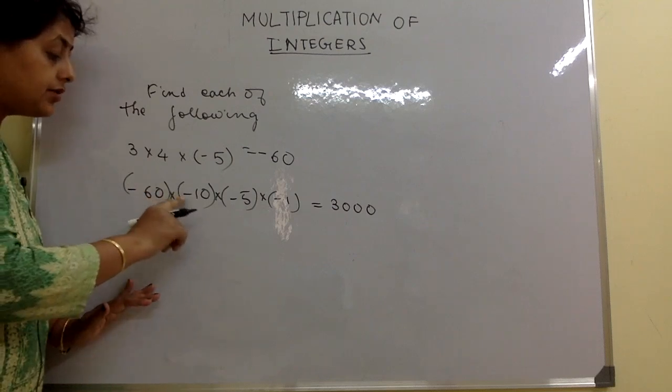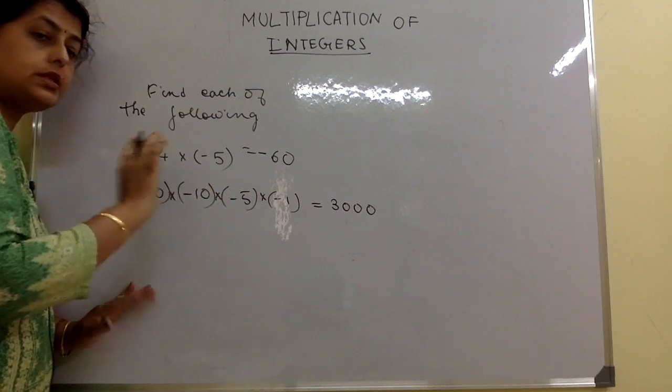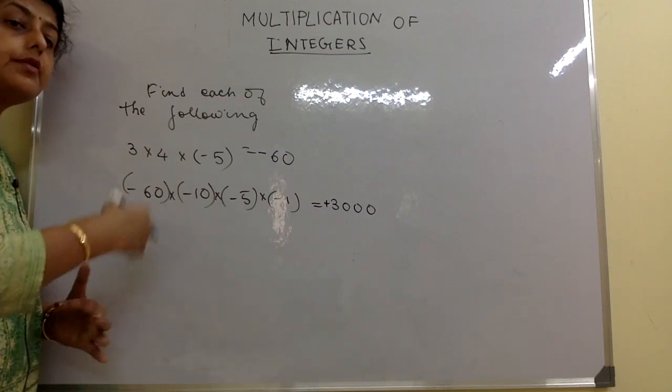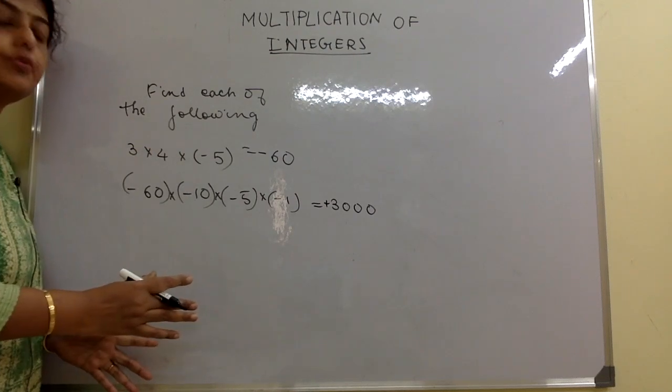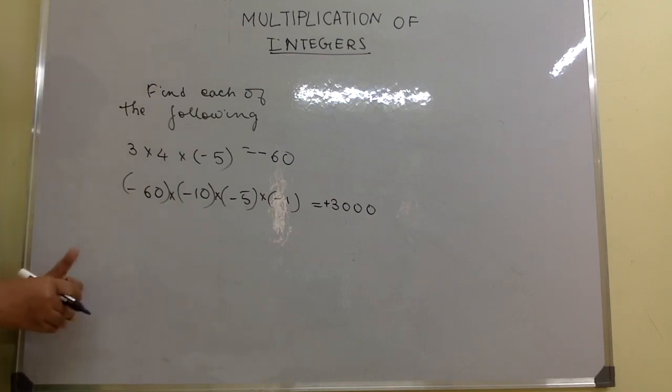Minus into minus plus, minus into minus plus, plus into plus. Therefore, even if a minus sign is coming 100 times, it is going to be straight positive. That is your answer, plus 3000.